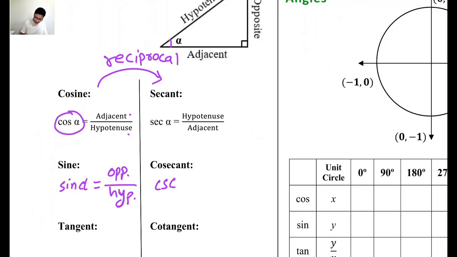In some textbooks you will find cosec also as an abbreviation. But if you want to stick with three-letter abbreviations, as a standard, we use CSC. Cosec alpha equals the reciprocal of sine, hypotenuse divided by the opposite side.